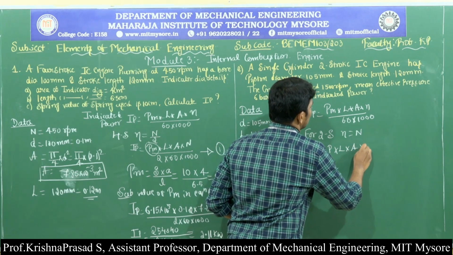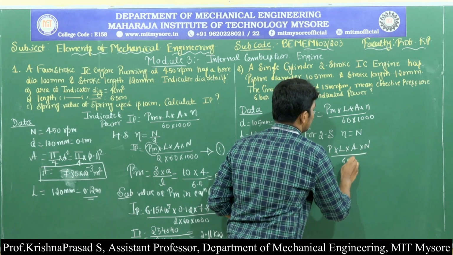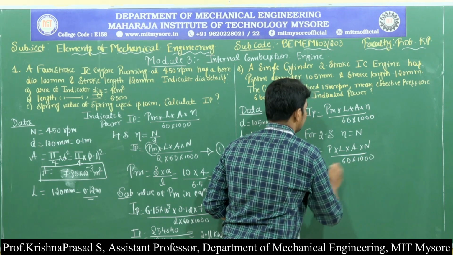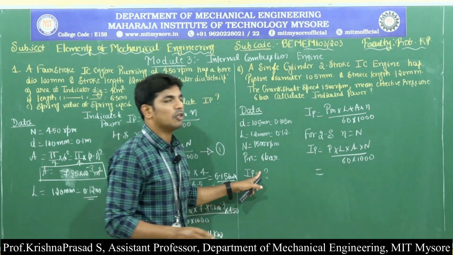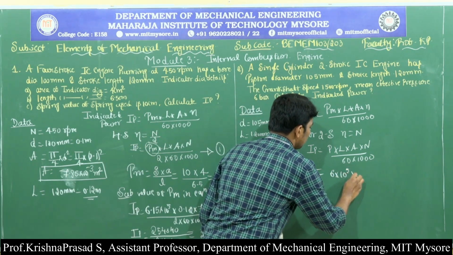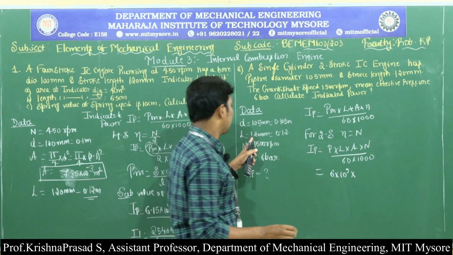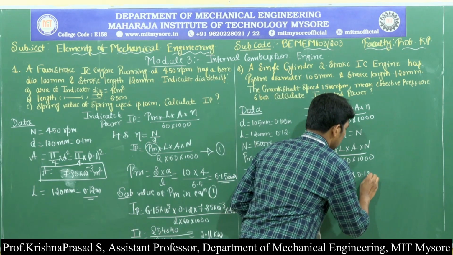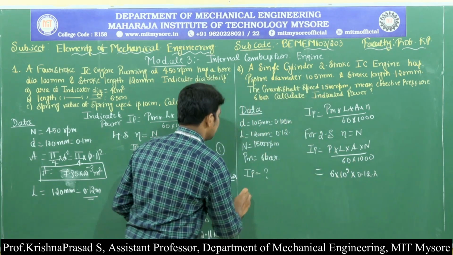PLAN by 60 into 1000. What is the mean effective pressure here? It is 6 bar, 6 into 10 to the power of 5. What is the value of capital L? That is 0.12. Hence we need to calculate the area.